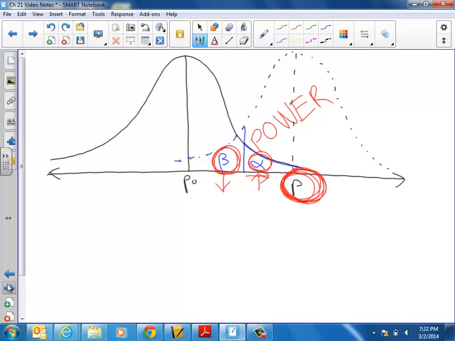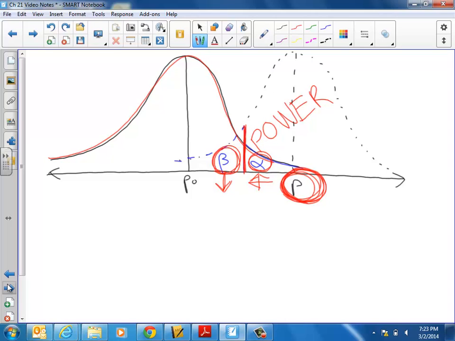If you bring your alpha level up, which is to move it to the left on this bell curve right here, then you're going to increase alpha, increase your significance level. But that means the probability that beta occurs, the probability of a type 2 error, drops in kind. They always fall on opposite sides of your significance level fence right here.